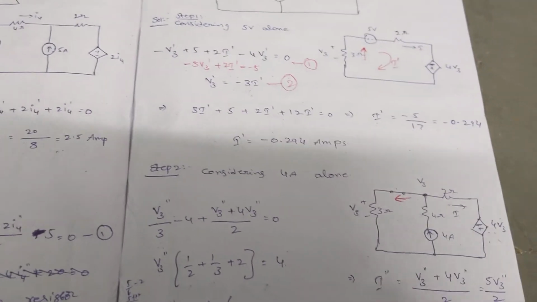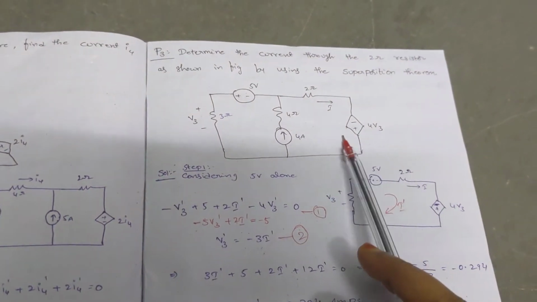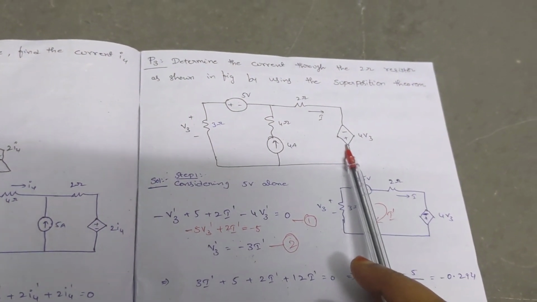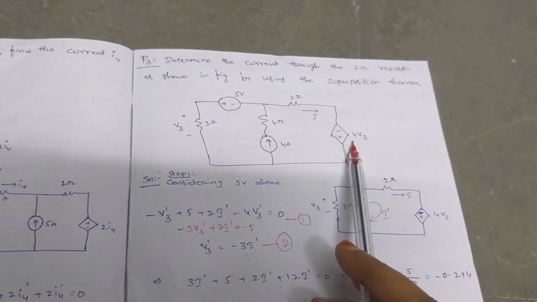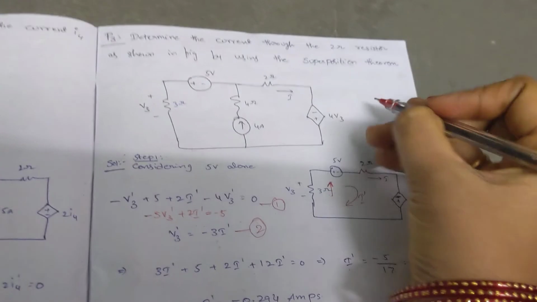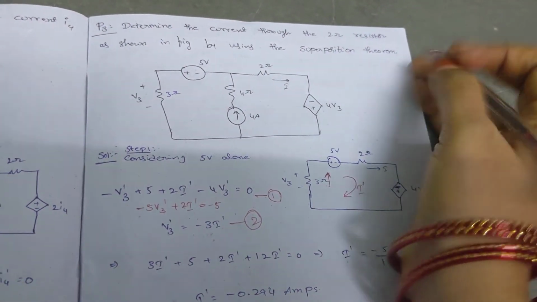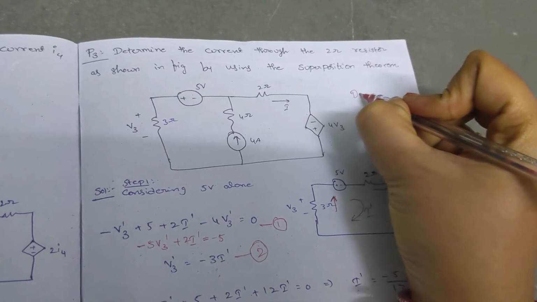The point to be remembered in this problem is that even though you have a dependent source in your circuit, we have different types of dependent sources.